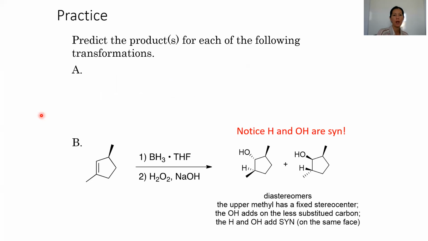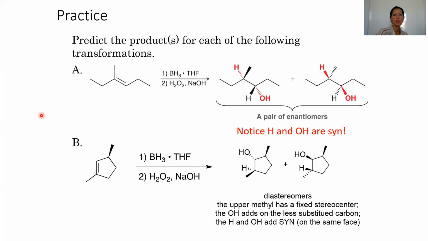So for the first one, what we're going to see is we're going to add boron across the double bond, B and H. The boron adds to the least substituted side here, and the hydrogen here. The boron will then be converted to an OH. So the H and OH are syn. They're either both up or both down.